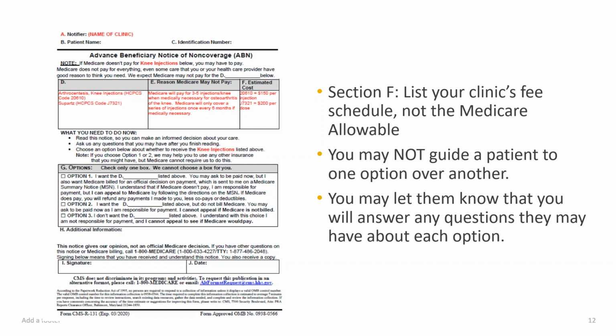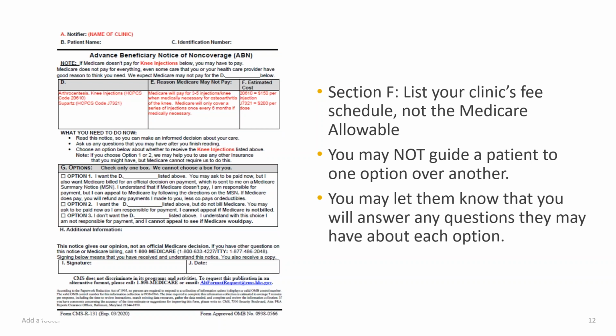Medicare will only cover a series of injections once every 6 months if medically necessary. Then you explain it's only been 4 months, and they're only going to cover this once every 6 months. You would put in the estimated cost for both the injection and the drug.